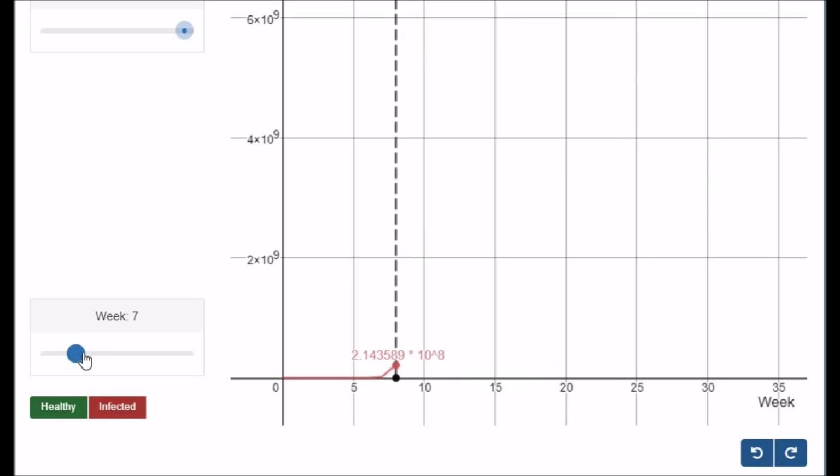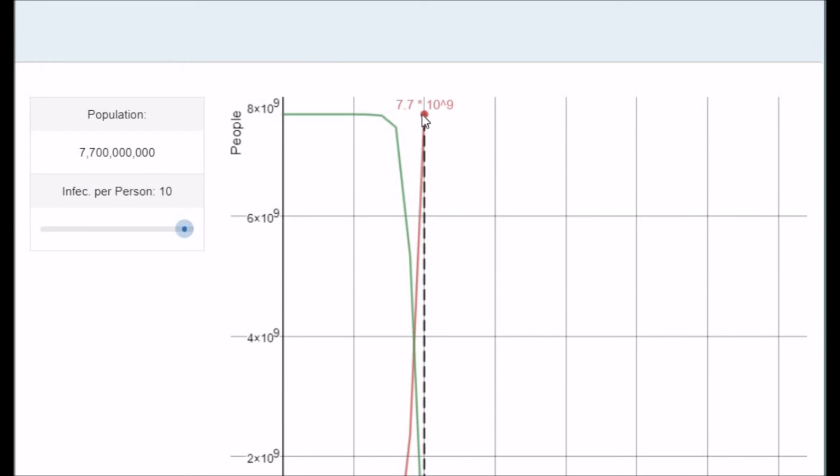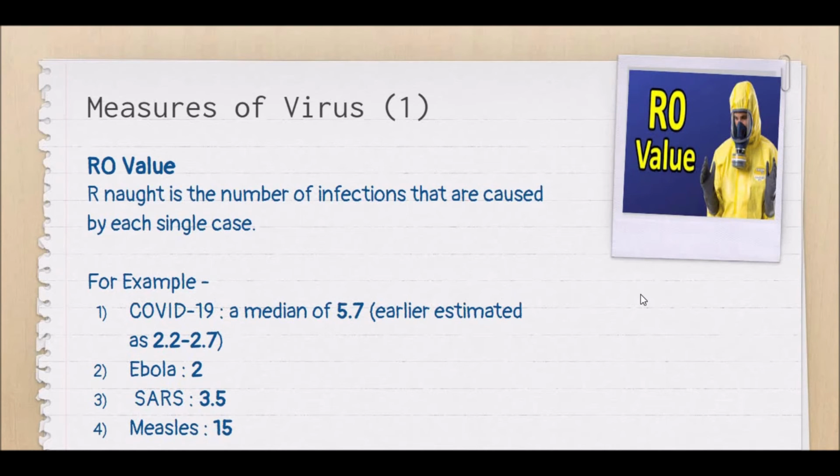So after the 10th week, if the virus is not controlled, it would spread to the entire world. We just saw how different values of R0 depict the extent and the speed of the virus spread in a particular country or any region.